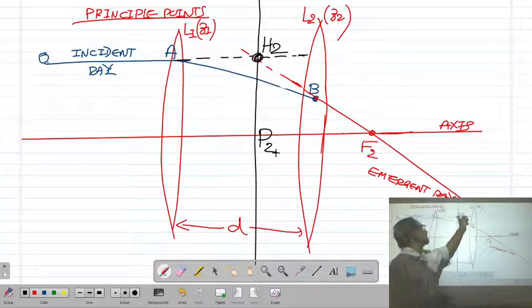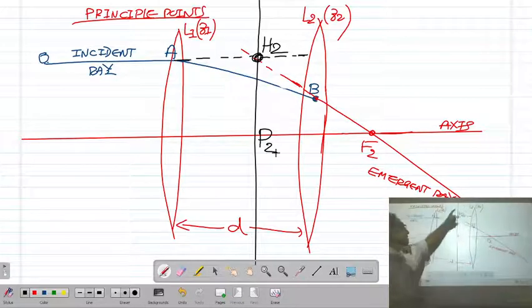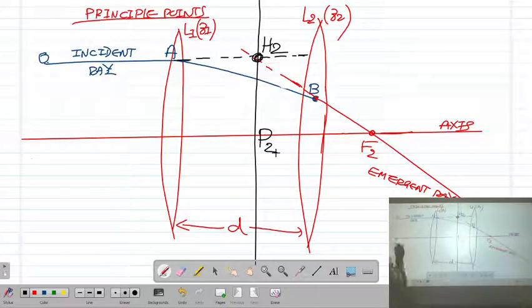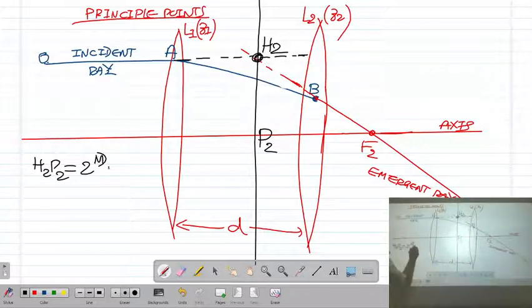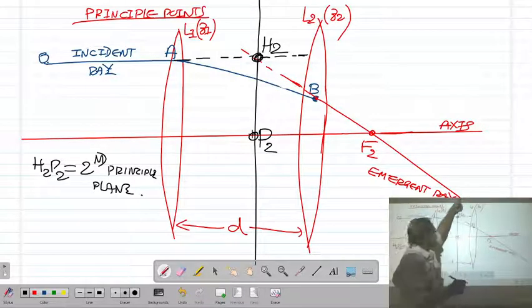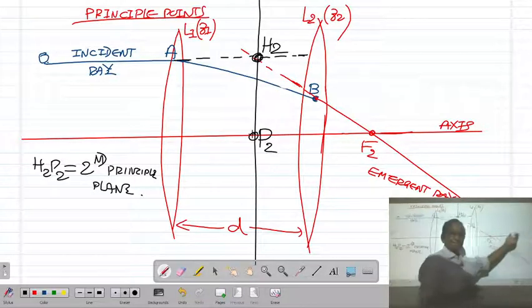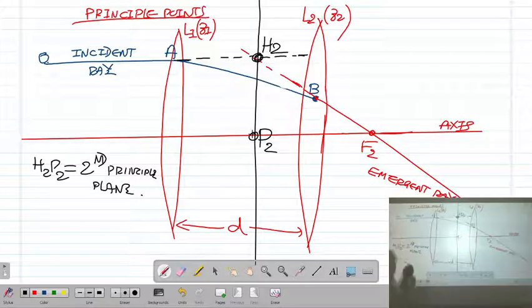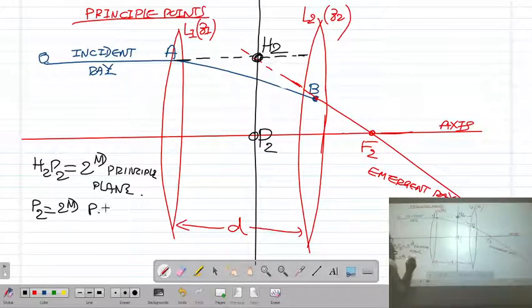And the point P2 at which the second principal plane intersects the axis is called the second principal point.